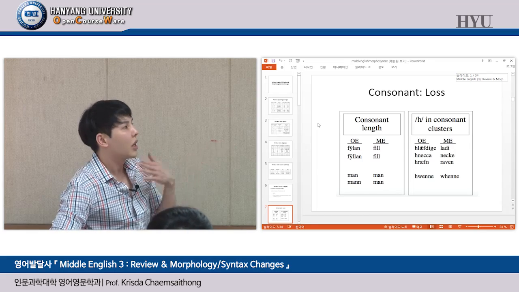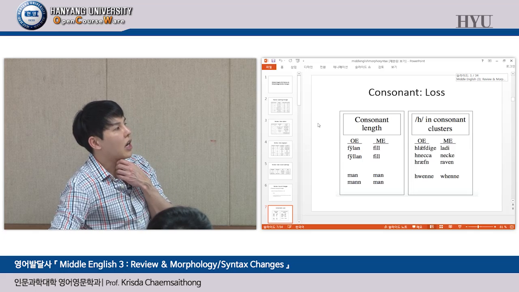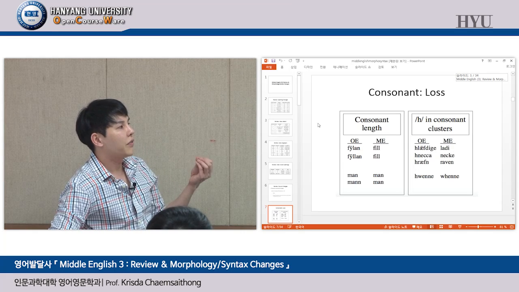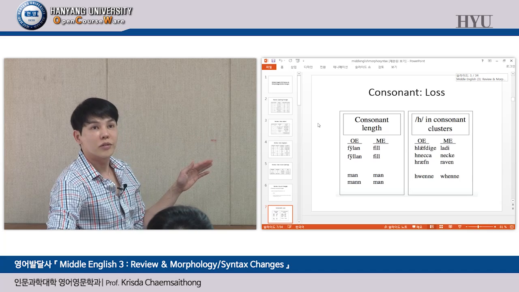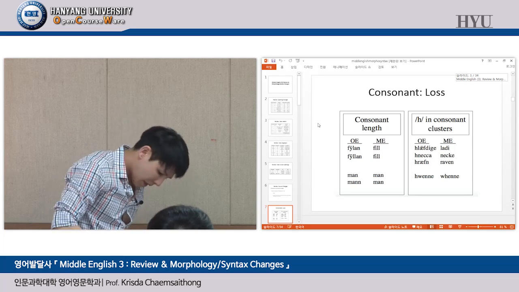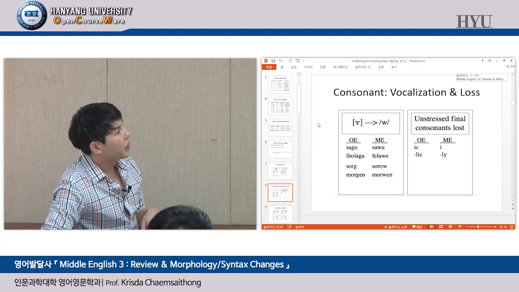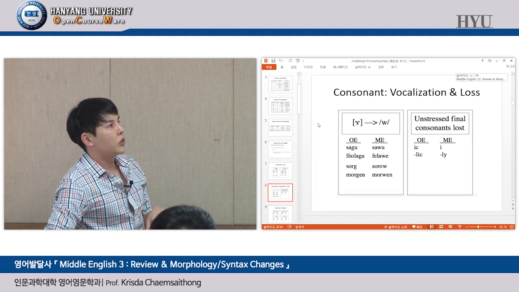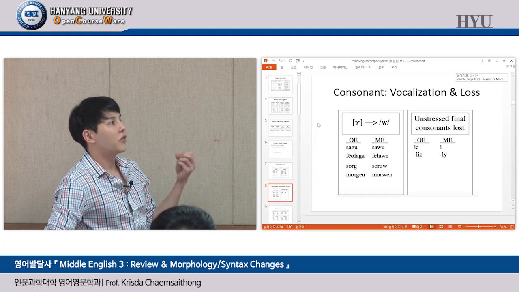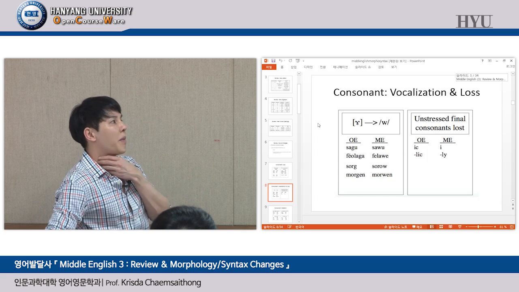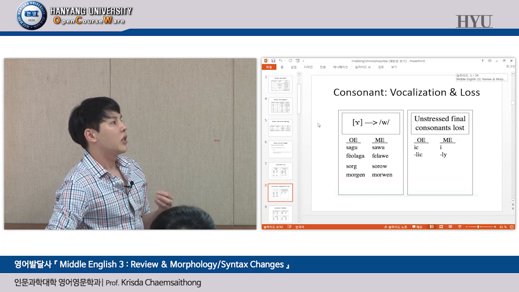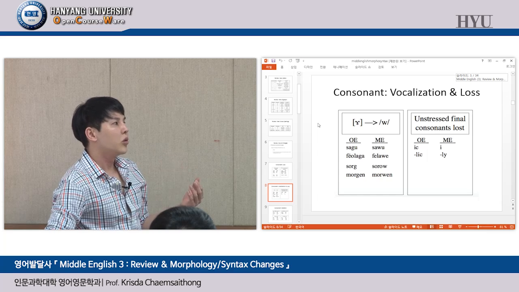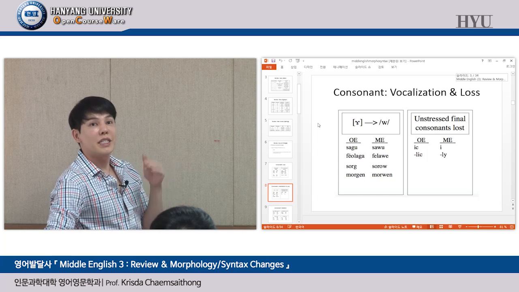The length is out. And then H is lost in consonant clusters like hlāfdige, hnecca, hrafn. H is on the way out, right? And the back fricative goes to W. That's vocalization, right? So the back sound goes to W, so sarwe to sawe, because it's easier to pronounce.